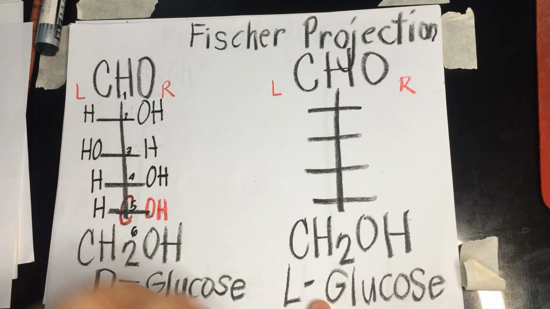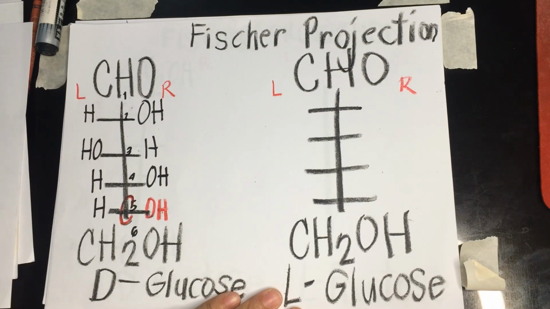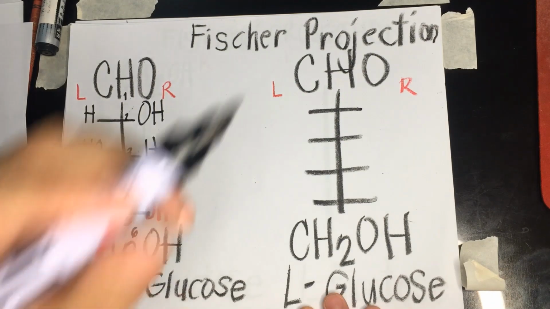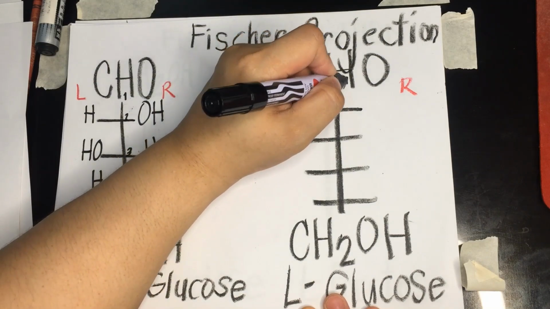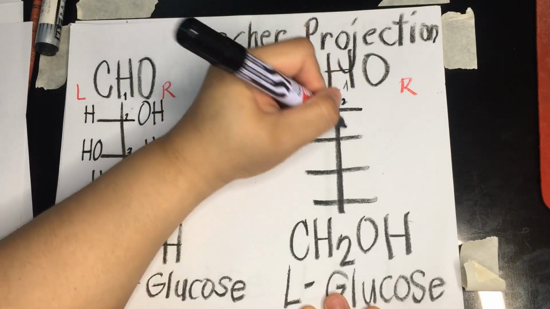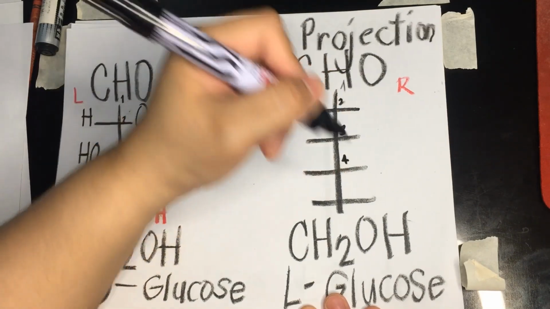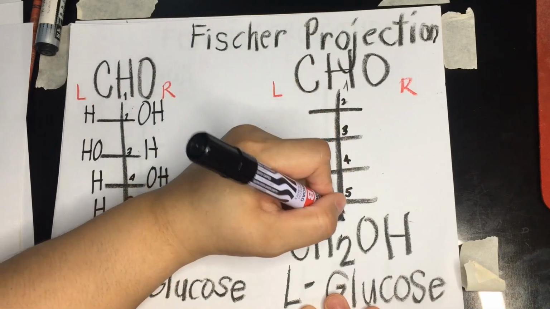Next, in a Fischer projection wherein there is an L-glucose, we are going to do the same. So we will be counting the number of carbon atoms starting from the aldehyde group. Then we continue 2, 3, 4, 5, and 6.